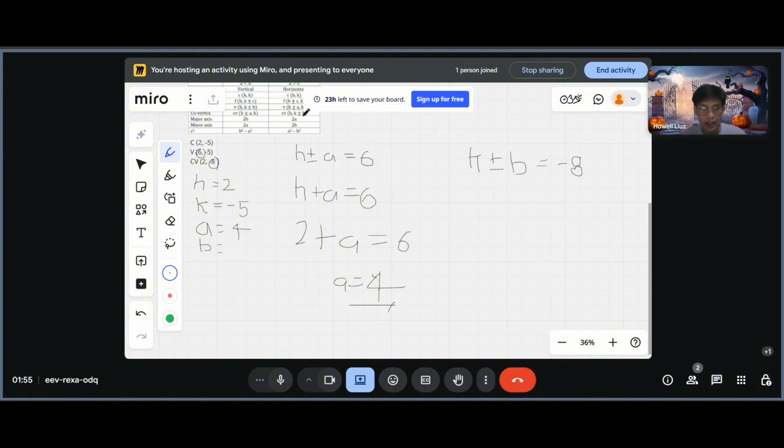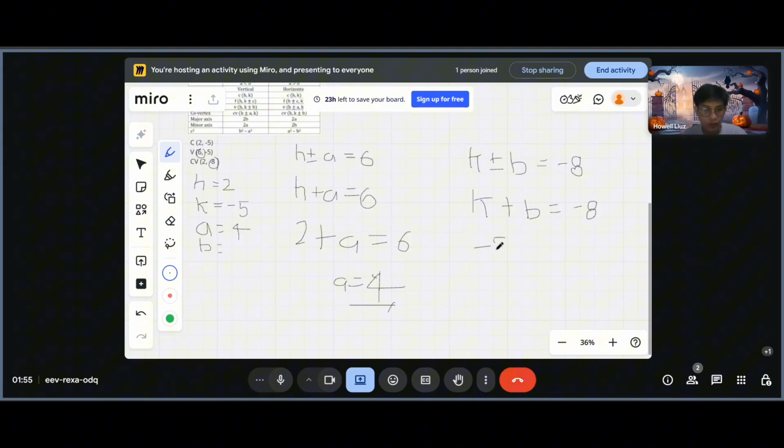Same as the last one, we can use positive plus. So k plus b is equal to negative 8. As we did earlier, we have the value of k, which is negative 5, so we will simply substitute it.